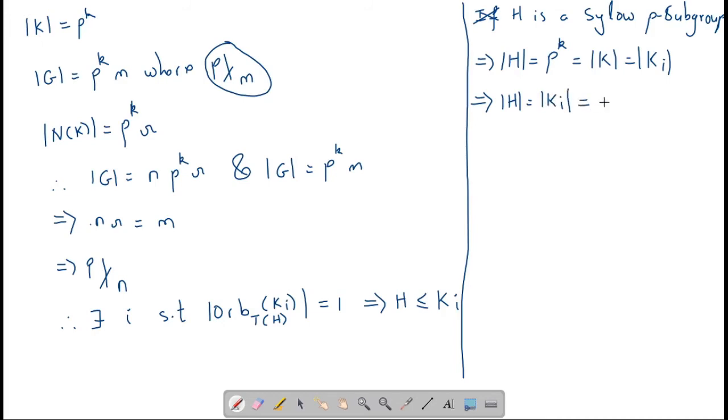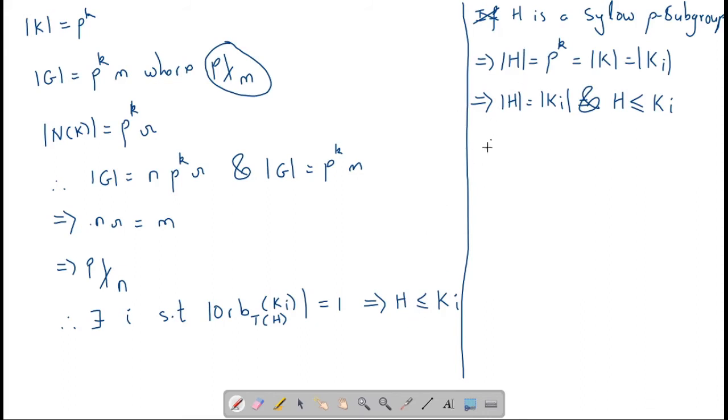and you also know that H is a subgroup of Ki. Okay, because remember that H is a Sylow p subgroup, means that the order of H is a power of prime. It's p raised to k. Hence, this will hold for some i.